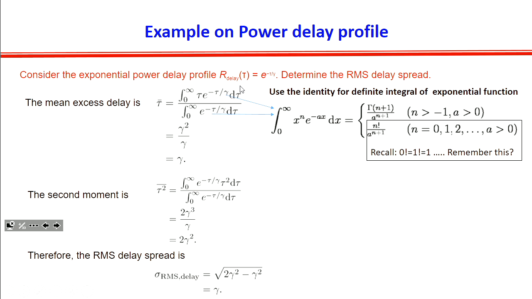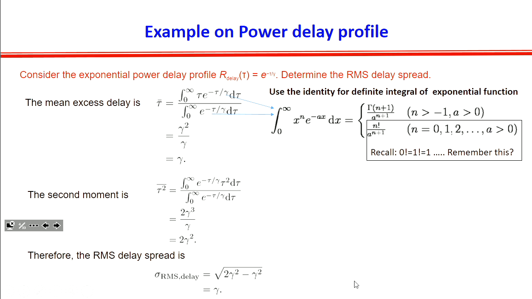But given this as the profile, what is the RMS delay spread? So we said RMS delay spread is going to capture both the mean value of the delay spread and also the mean squared value. The strength of the multipath components and the spread of the multipath components are both captured in one quantity called RMS, root mean squared delay spread.